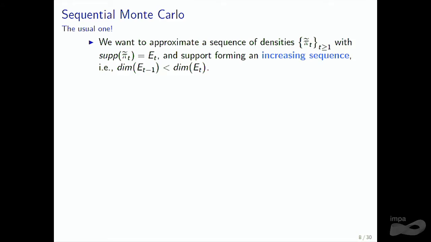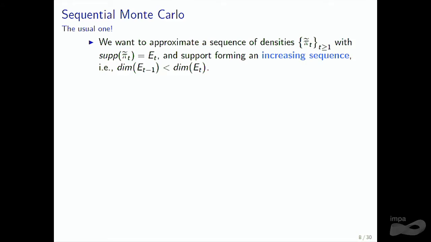So let's say that we have a sequence of distributions pi tilde. And for me, differently from Yuri, I'll say that these distributions are defined on the path space, in the sense that the support of each pi tilde is a space ET. And each one of the ETs is larger in dimension than the previous ET.